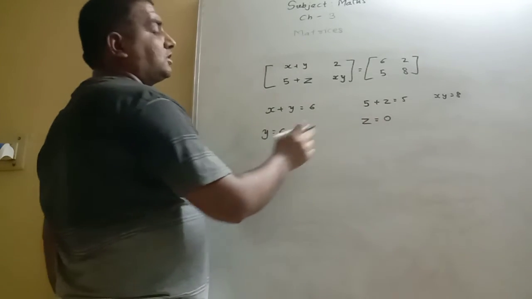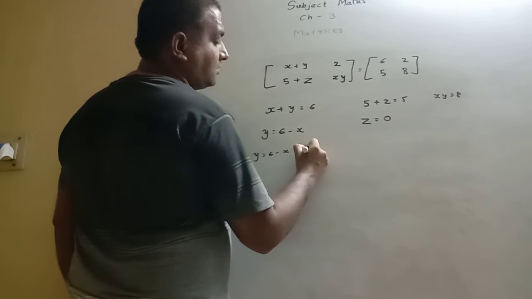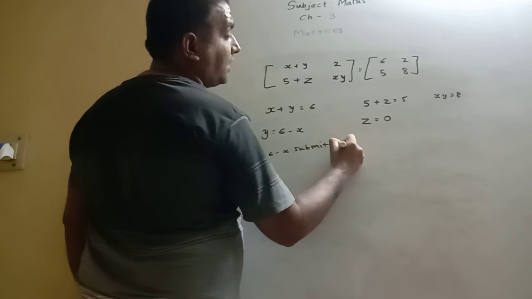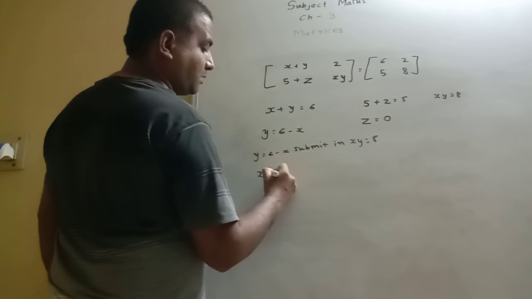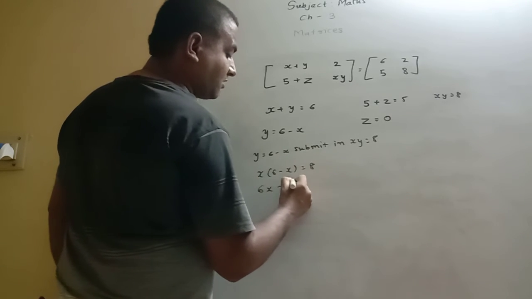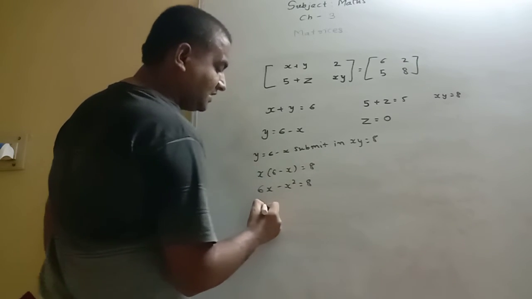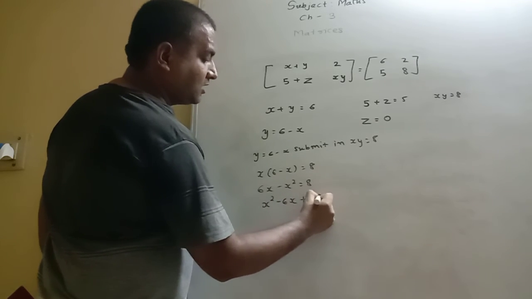Now y equals to 6 minus x, substituting in xy equals to 8. Then x into 6 minus x equals to 8. So 6x minus x square equals to 8. We factorize it. So x square minus 6x plus 8 equals to 0.